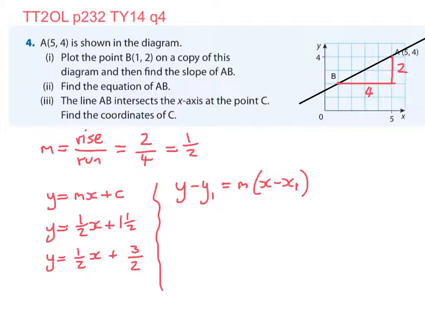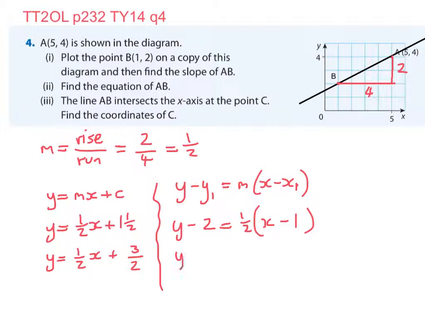With this formula, you substitute your value of m, which in this case is a half, and for your point, which is the x1, y1, you take either A or B. It doesn't matter whether you put 5, 4 into it or 1, 2 into it. So I'm going to put 1, 2, so 1 and 2 in there for my x and y.